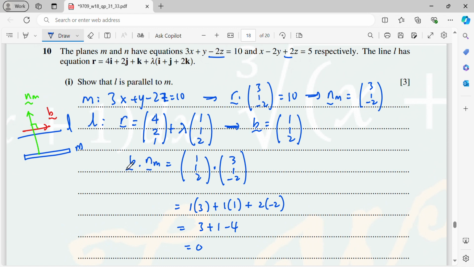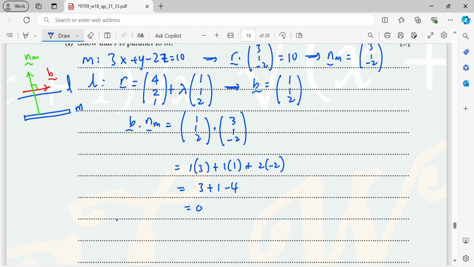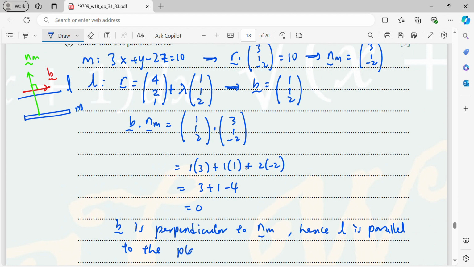Since b is perpendicular to the normal of M, hence L is parallel to the plane M. Okay, so done for the first part.